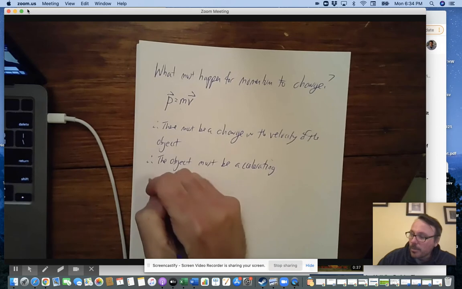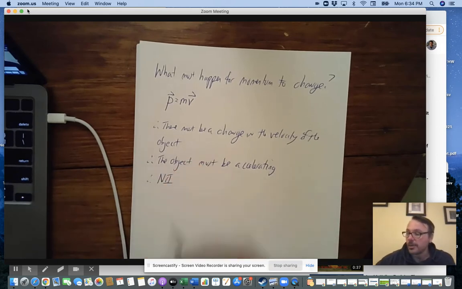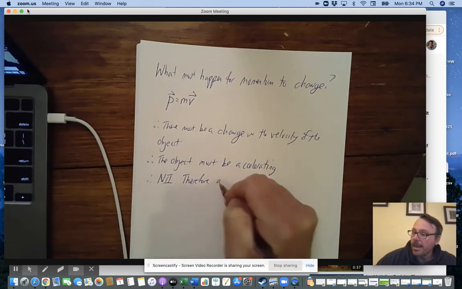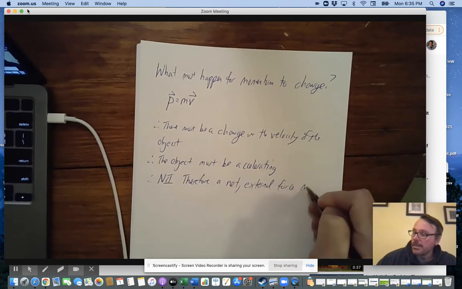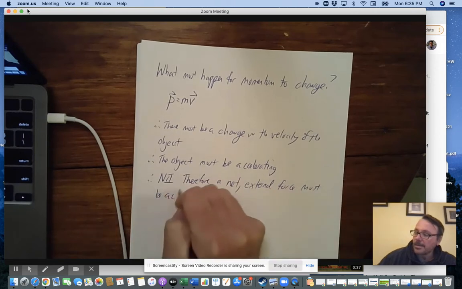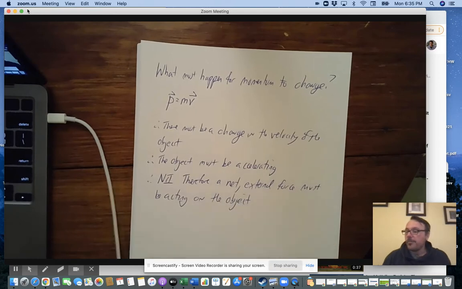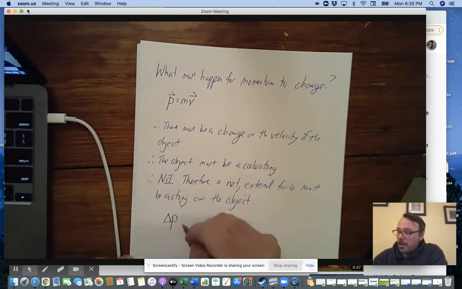And if the object's accelerating, what's causing that? Well, we all know by Newton's second law, what causes accelerations is a net external force acting on the object. Okay? So for there to be a change in momentum, delta P, there must exist a net external force.